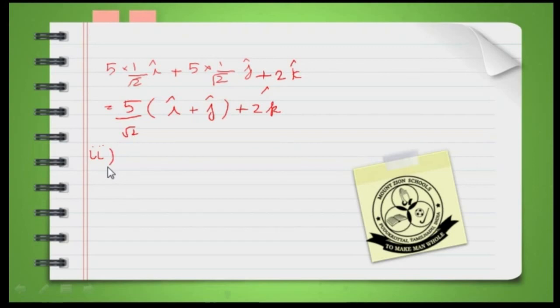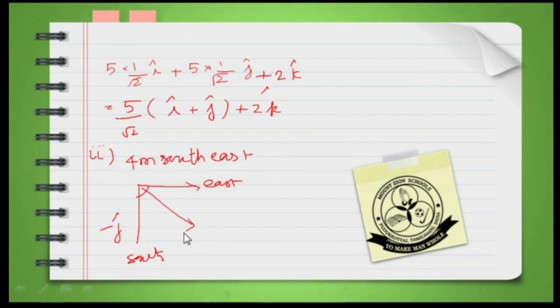Next part, it is 4 meter southeast. It is given that 4 meter southeast. So how does southeast come? East comes along x, and south along the y axis, so it is going to be minus j cap. It makes 45 here, not that full.